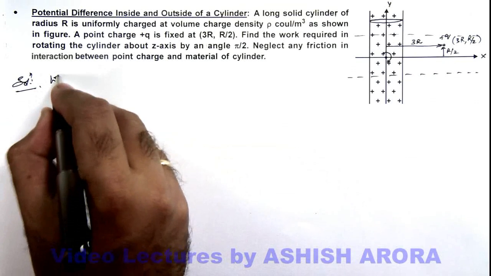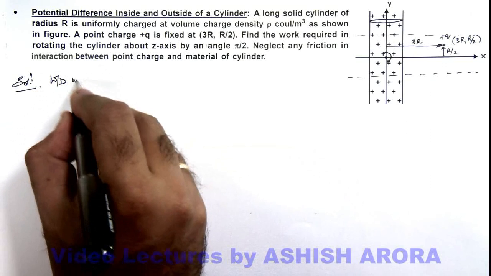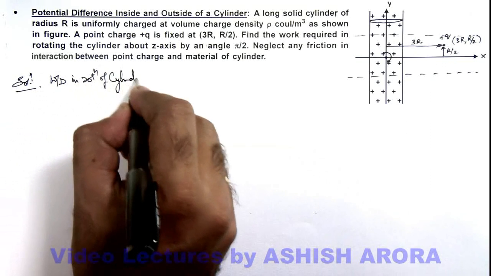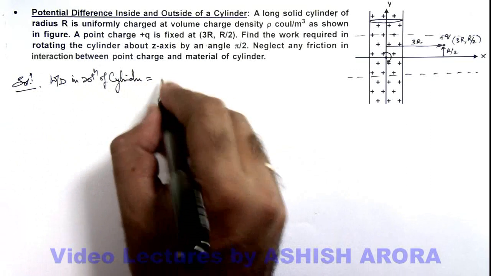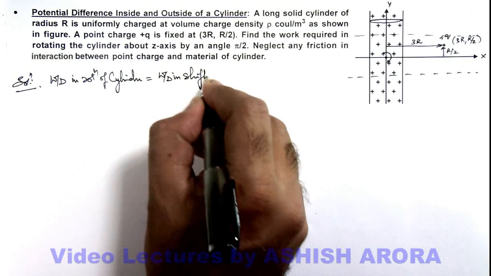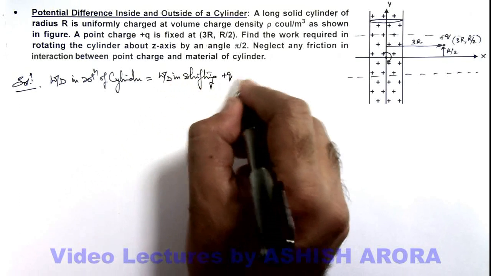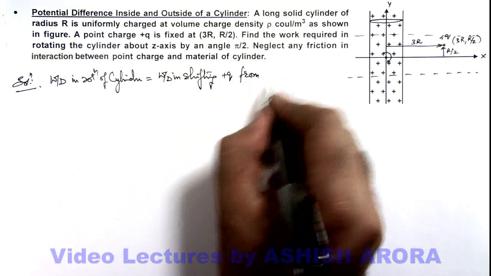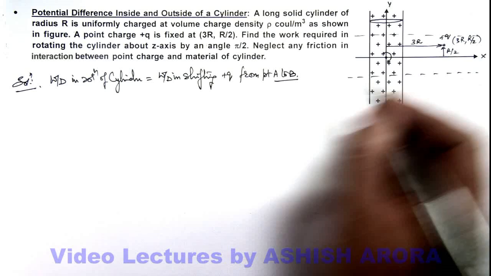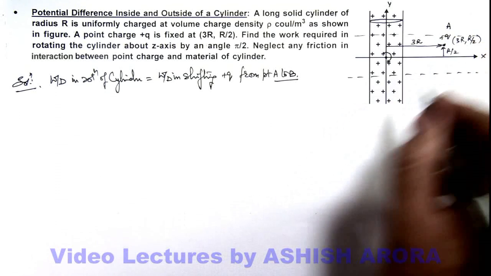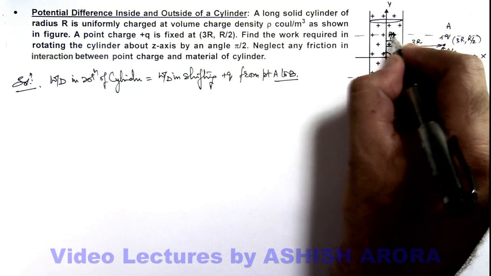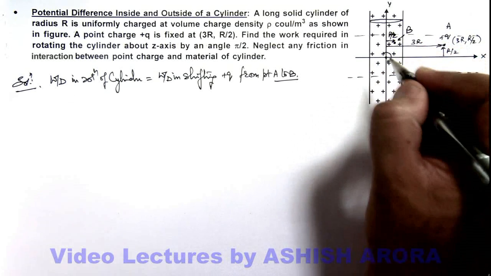So I can write the work done in rotation of the cylinder will be equal to the work done in shifting plus q from point A to B, where I consider this point as point A and this point, at a distance r by 2, as point B.